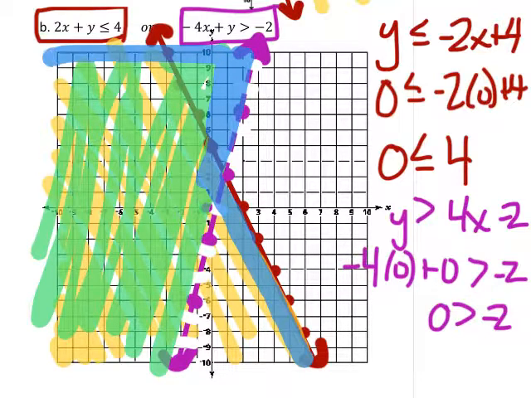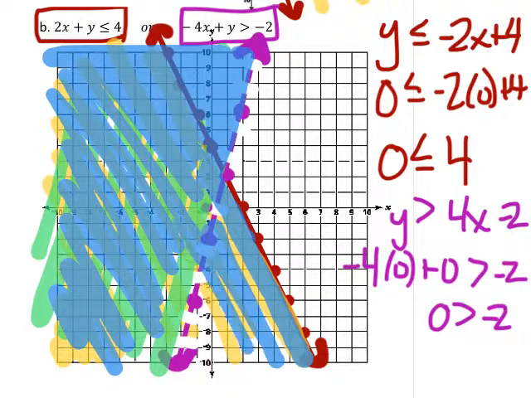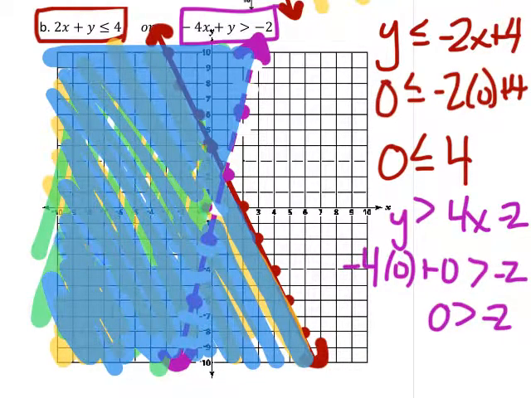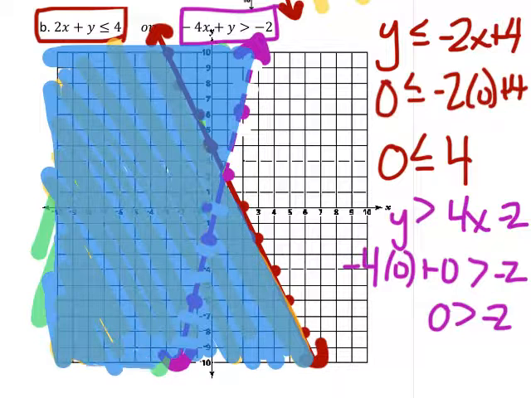Okay, so anything in this area is going to work, anything in this third area, and even this fourth area will work, because it's the union, and the union means any part that's shaded. Okay, it's just combining. If it's a solution for one of the equations, then it is a solution for the whole system.